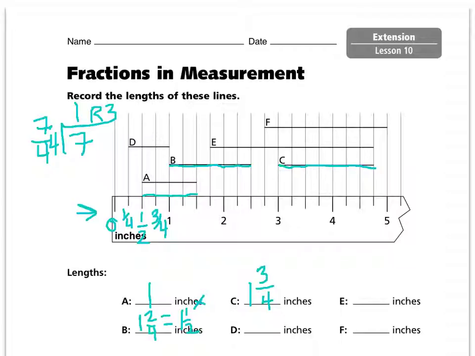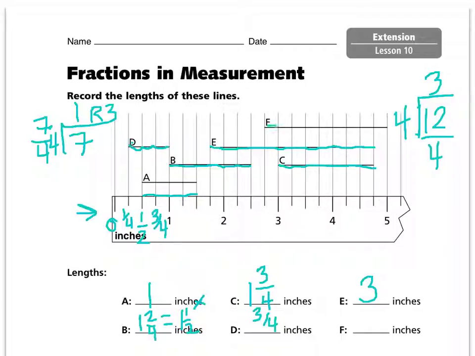Same thing for letter D, count in between, 1, 2, 3. 3/4. Letter E, count them, 1, 2, 3, 4, 5, 6, 7, 8, 9, 10, 11, 12. So I have 12/4. I know that I can divide 12 by 4, and that goes in evenly 3, so that would be 3 inches.